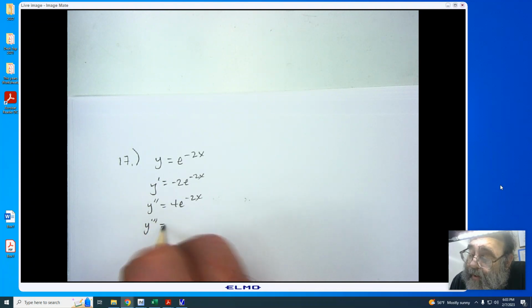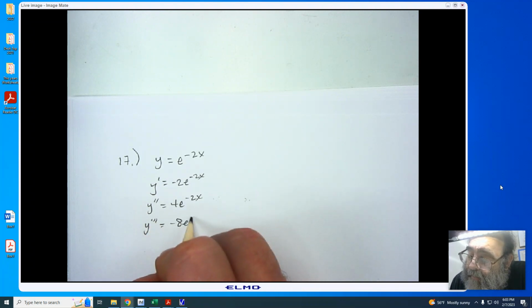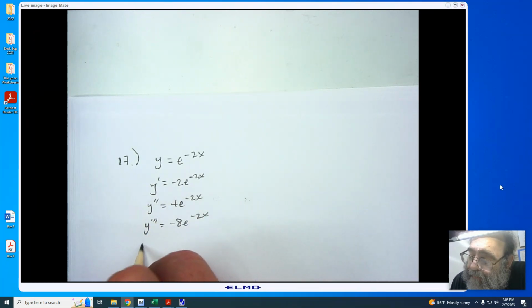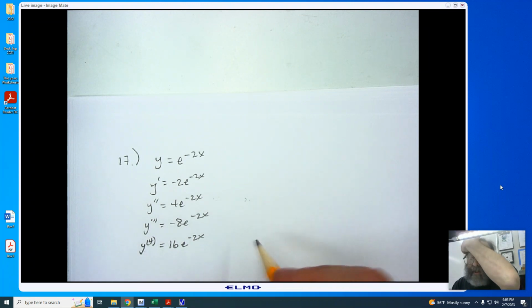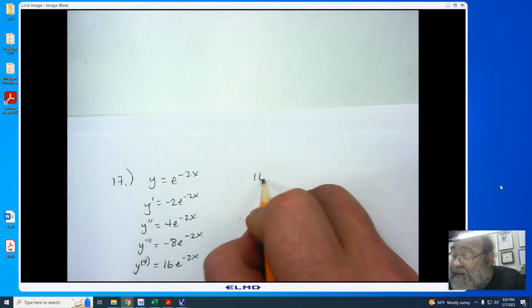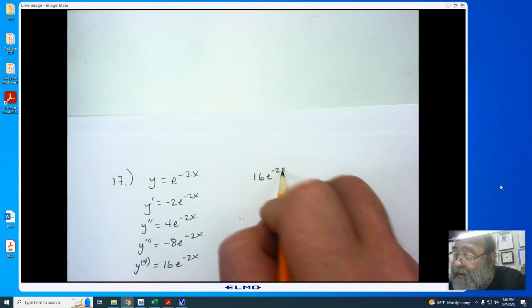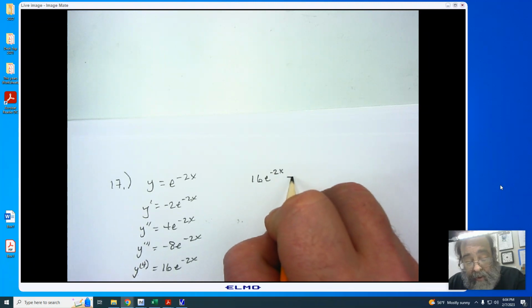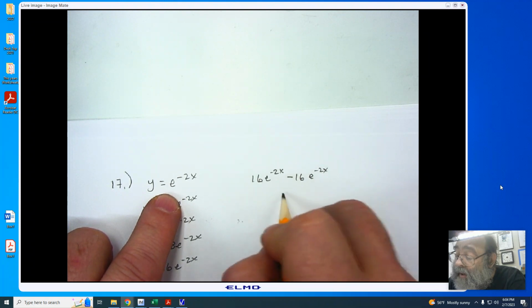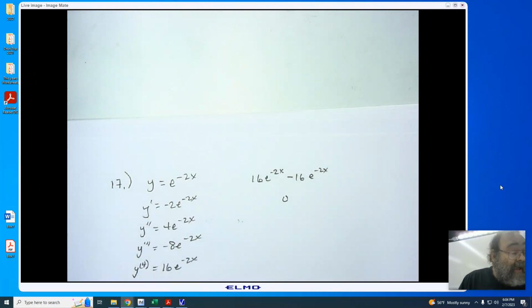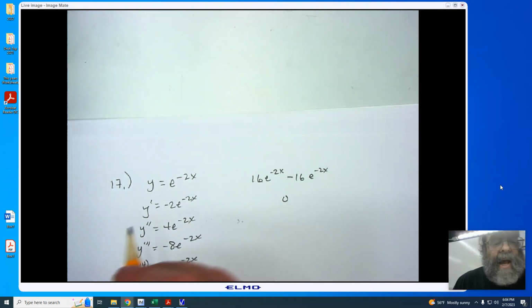Third derivative is minus 8 e to the minus 2x. And the fourth derivative is 16 e to the minus 2x. This is giving me 16 e to the minus 2x minus 16 e to the minus 2x. And we can clearly see that this is indeed equal to 0, and our answer is indeed yes.